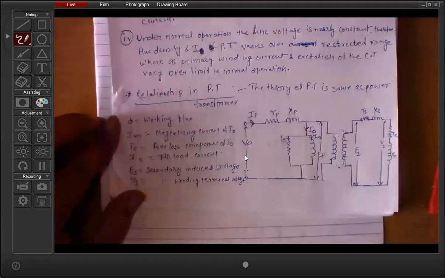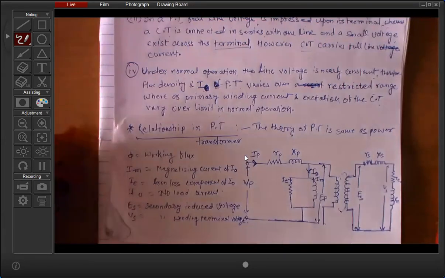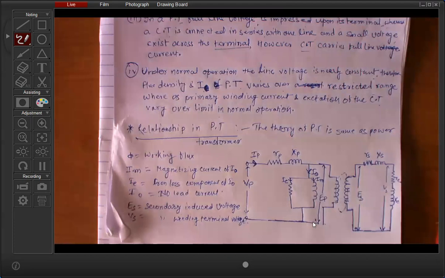Any doubt in the difference between the current transformer and potential transformer? No, sir. In the last class, I derived the conditions in case of current transformer. Today we'll discuss the derivation in a potential transformer.